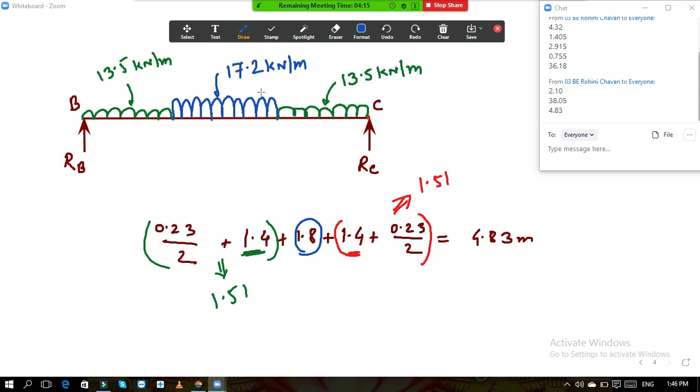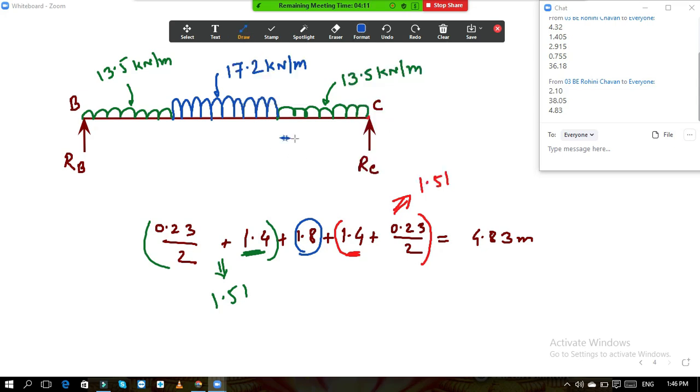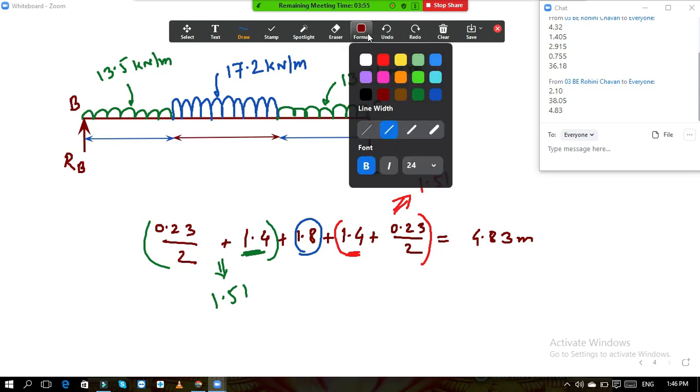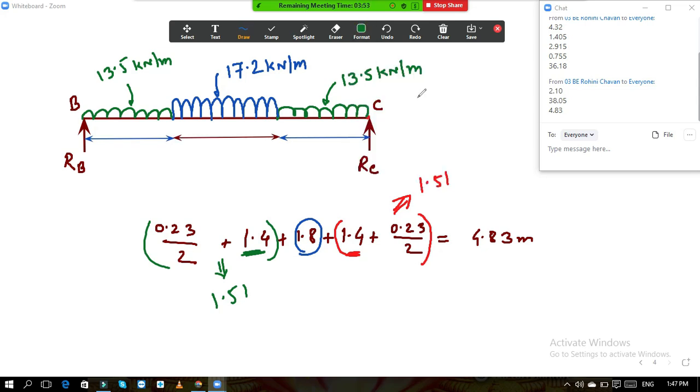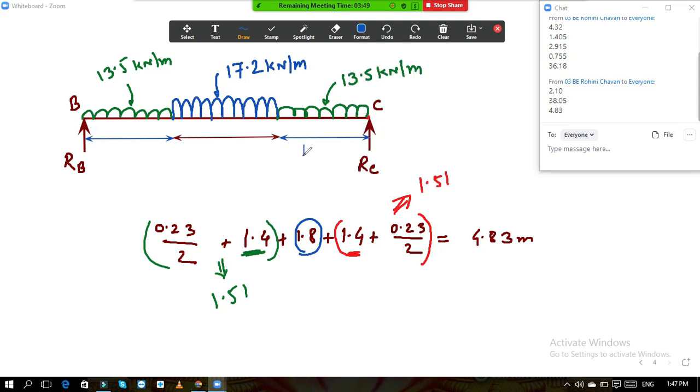So now what were the actual distances? If we write down the distances, this is the one landing, this is the second landing. This distance is 1.51 meter. This is also 1.51 meter.